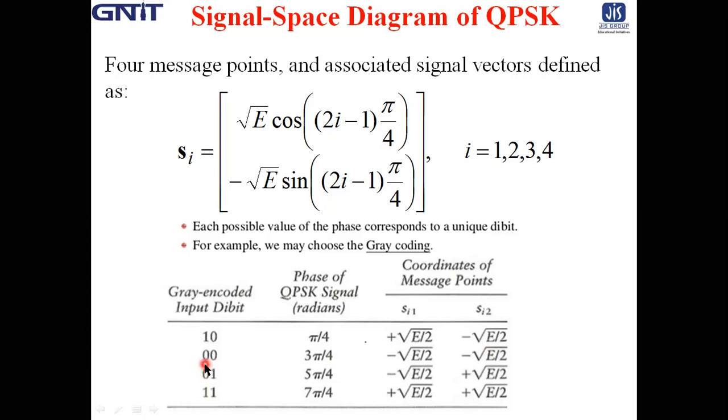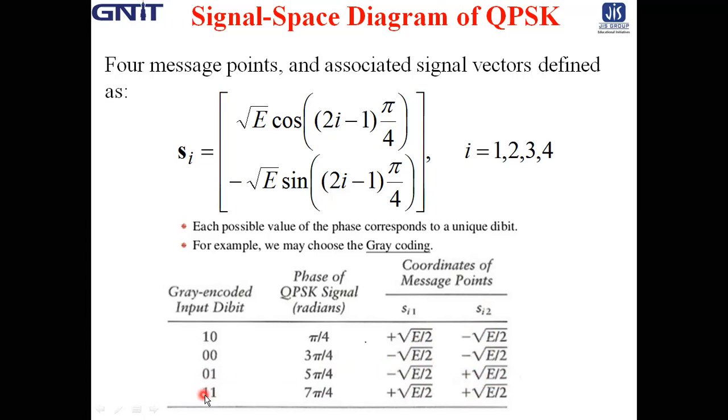Similarly for 00, s_i1 is minus root over E by 2 and s_i2 is minus root over E by 2. Correspondingly for 01, s_i1 is minus root over E by 2 and s_i2 is now plus root over E by 2.